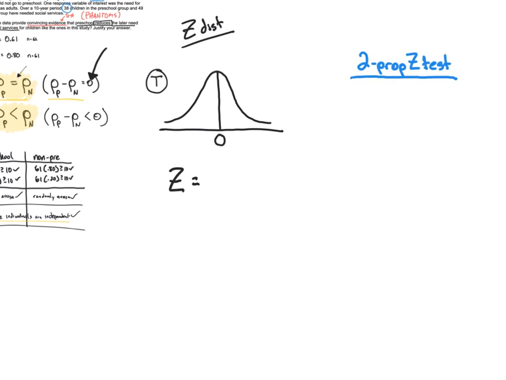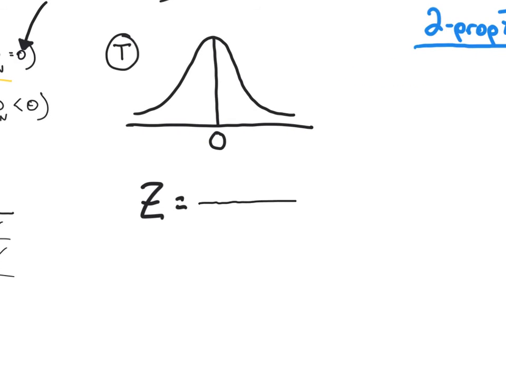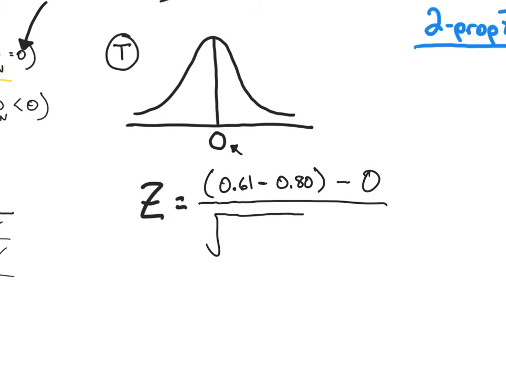So check this. Let's do the z calculation, but I'm going to pull everything out of my calculator. Ready? P hat 1, which was my preschool group, is 0.61, which we already knew, minus p hat 2, 0.80, which we already knew, minus the claim is 0, over, okay, I need my p hat combined. Go look at your list on your calculator.